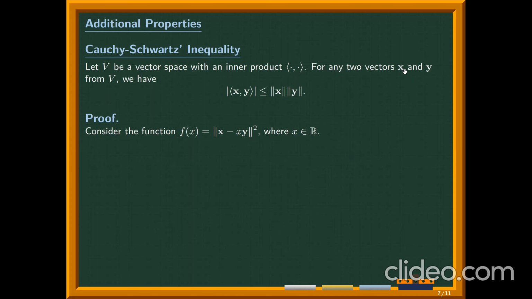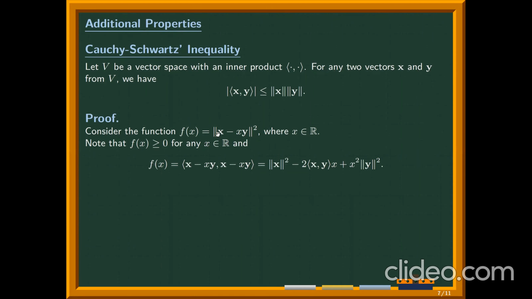Okay, so given x and y, we can view this as a function on R. So note that f(t) is a non-negative function. It takes non-negative values for any real number t because we are taking the square of the magnitude of some vector in V, and the magnitude, or the length, is non-negative.